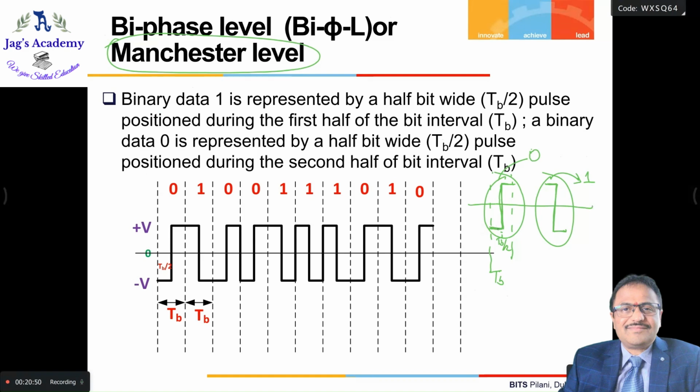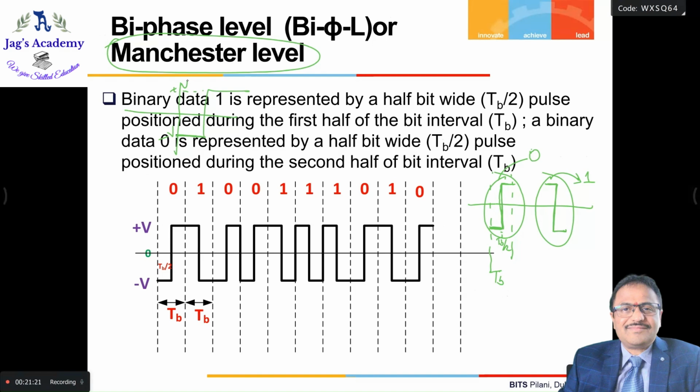Remember that in polar NRZ level, 0 is represented by minus V, and 1 is represented by plus V. This is what polar NRZ is.